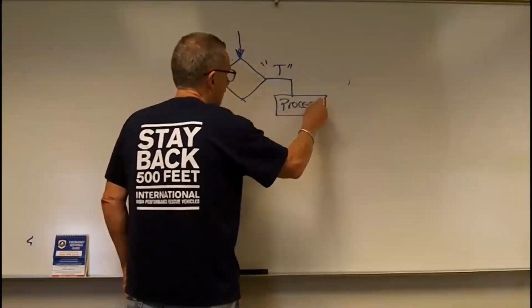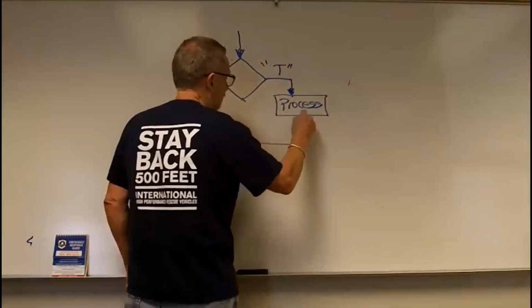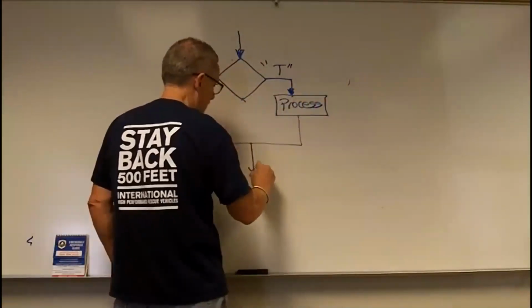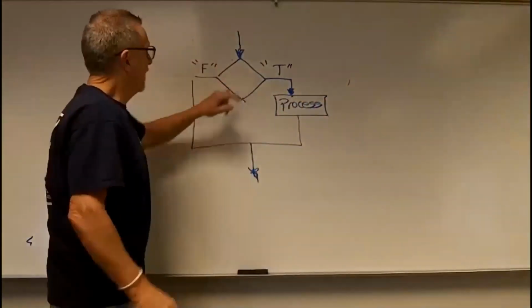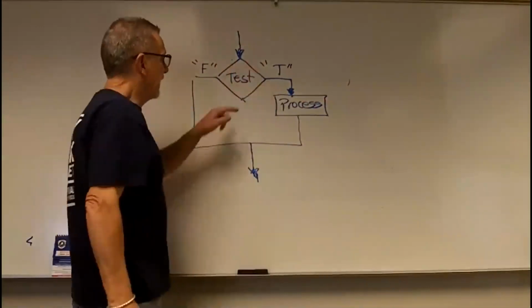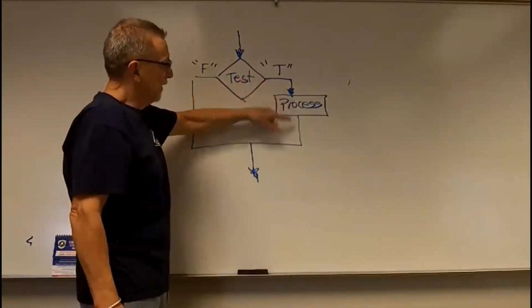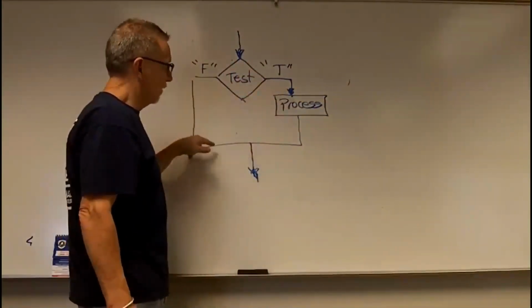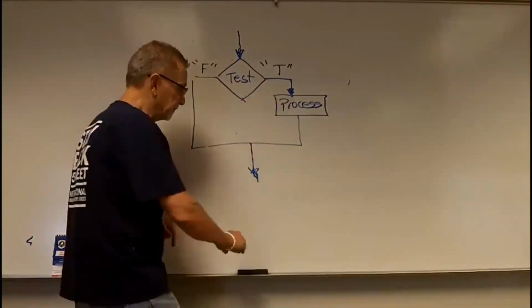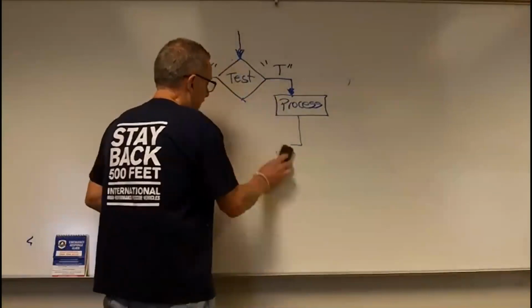That diamond up there is a decision in flowcharting, and the process is a process, do something. In that decision we have some type of test. If the test is true, it goes one way. If it's false, it goes the other way. And that's a straight if, with one result.